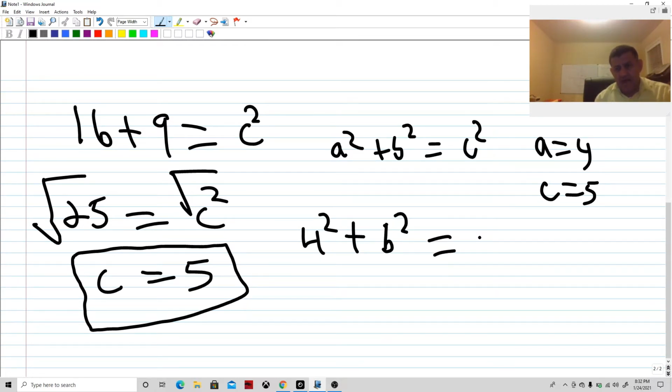So we square the 5, right? So in this case, we have 16 plus B squared is equal to 25, right?